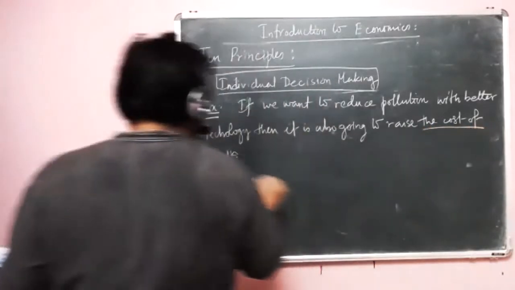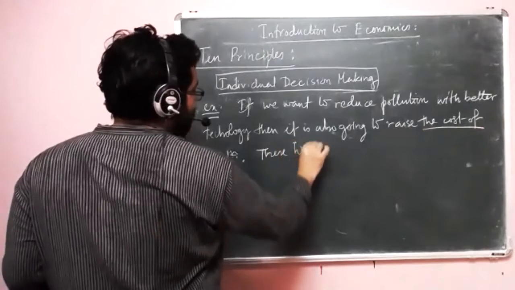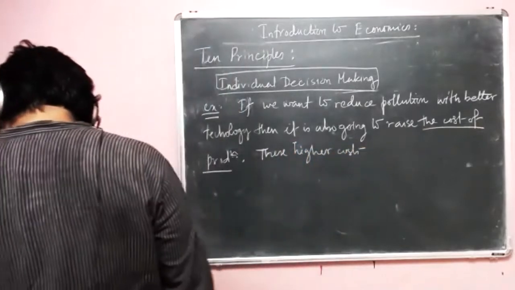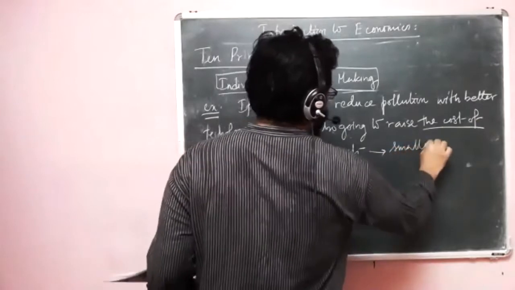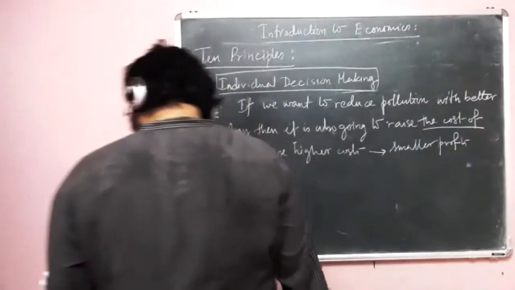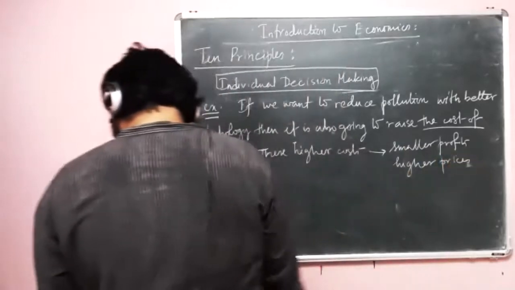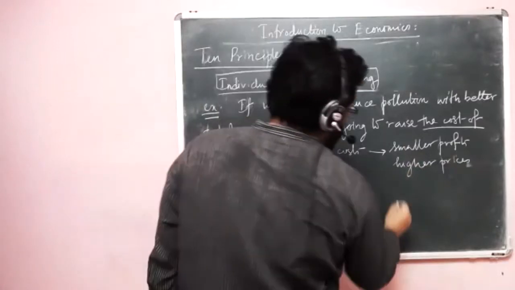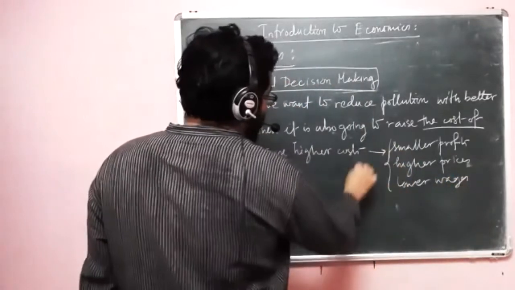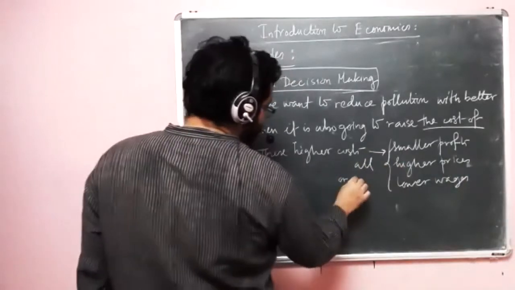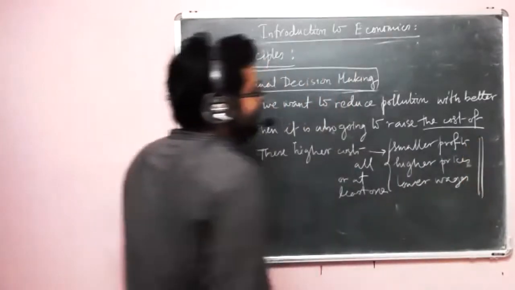And if there is higher cost, then it has a chain effect. So these higher costs will lead to smaller profits, higher prices, and lower wages and employment. So you can have all of them or at least one of them. And see, none of them are really good compared to the situation we had.